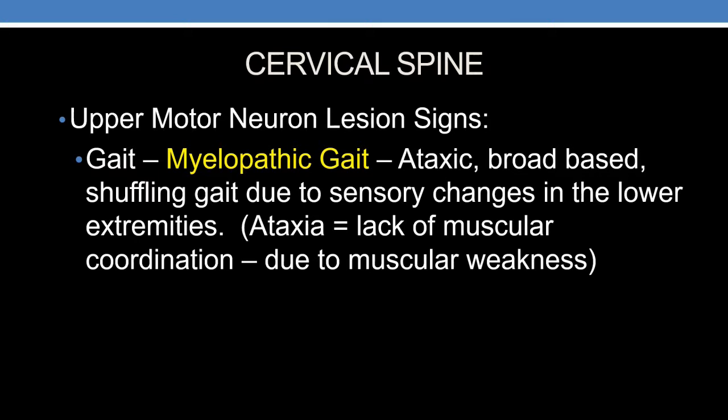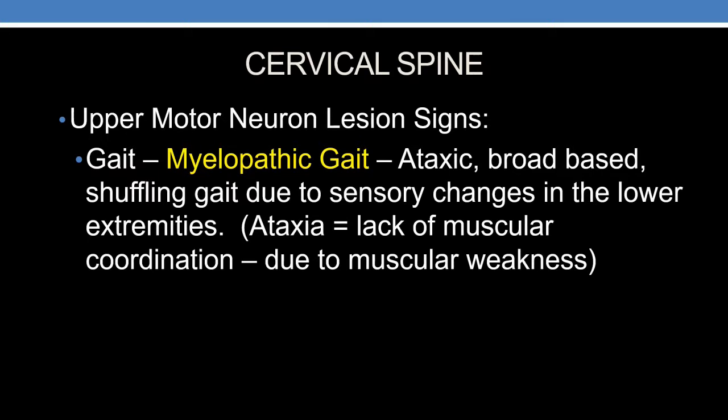So in order to compensate for that, what you will do reflexively, not consciously, is broaden your base of support and walk with a broad-based and a shuffling gait, so you can maintain as much contact of your foot with the floor for sensory input to tell you where you are.